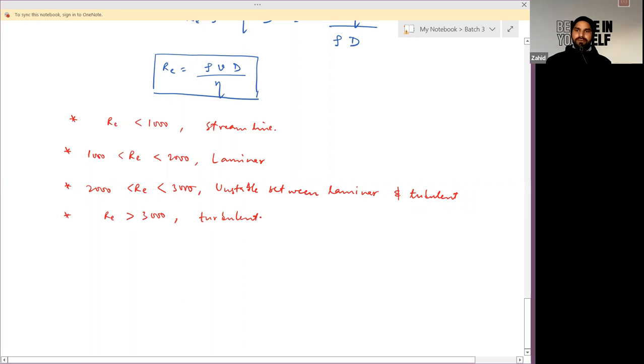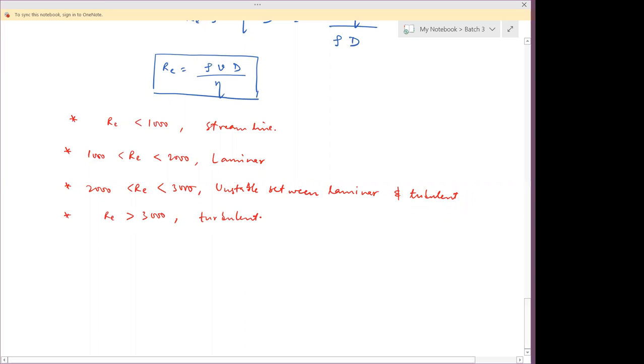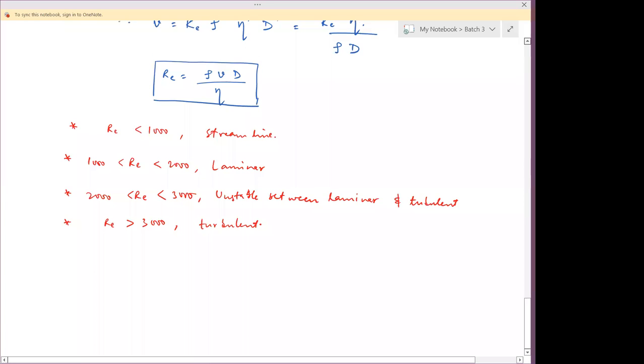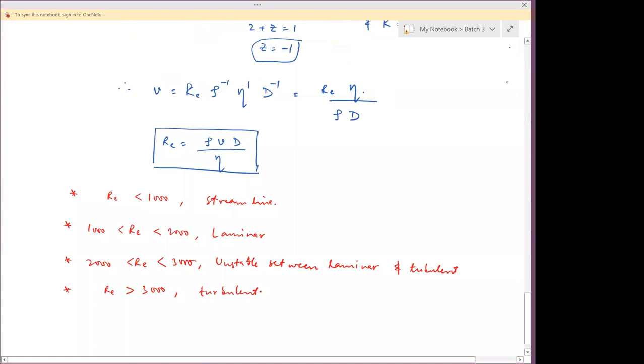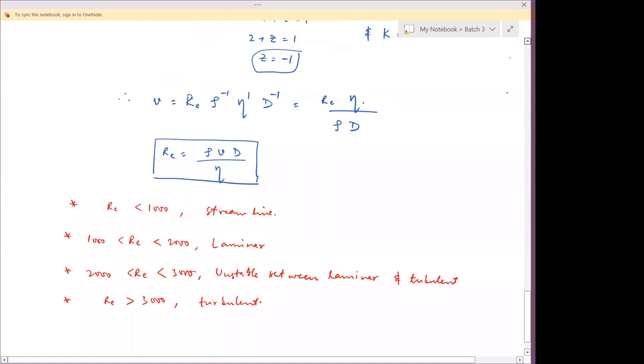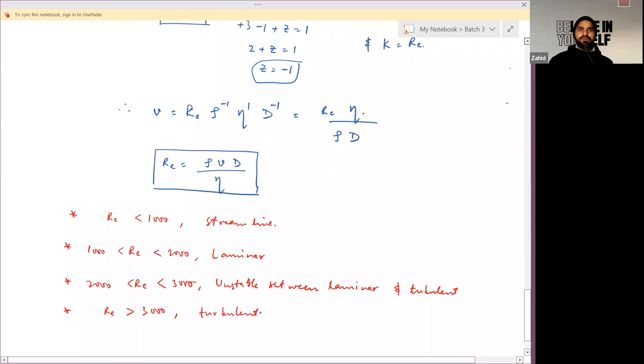Is it clear to all of you till this part? Yes, sir. Okay. Just write it down from this part.